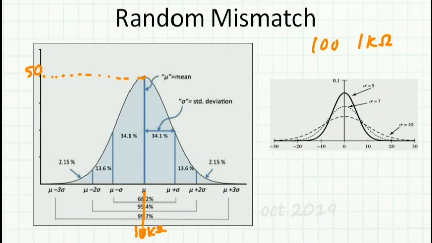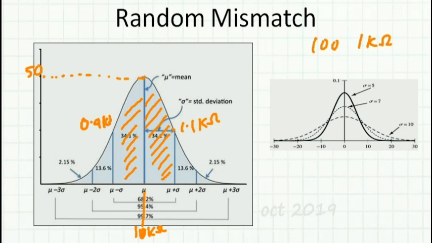But some of the resistors have values in between 1 kilo ohm and 1.1 kilo ohm. So in between are these resistors. Some of them, say 20 of them each, have 1.1 and 0.9 kilo ohm. So the deviation is like 0.1 kilo ohm plus or minus.